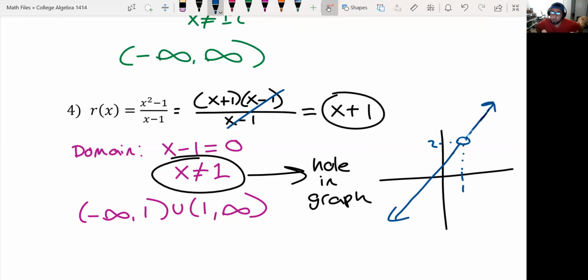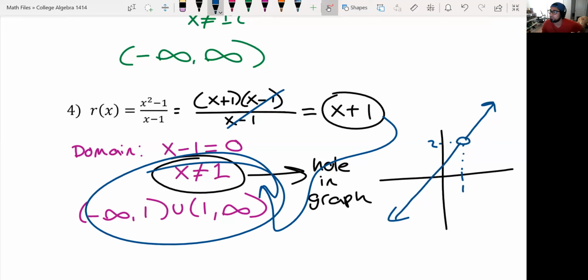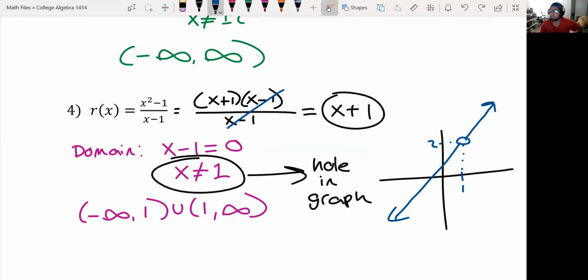Just because you cancel terms out doesn't mean that you have a new domain. Whatever simplified function you get has to still abide by all of this domain. Okay, so the most important thing to note is that if you ever cancel out a piece of your denominator, just know that it will create a hole in the graph. Okay.